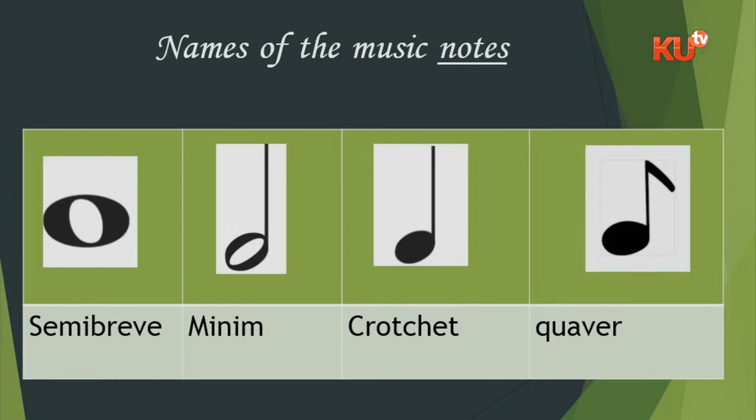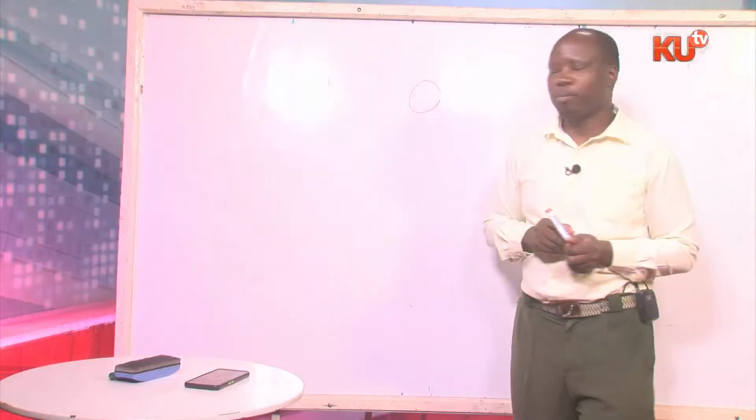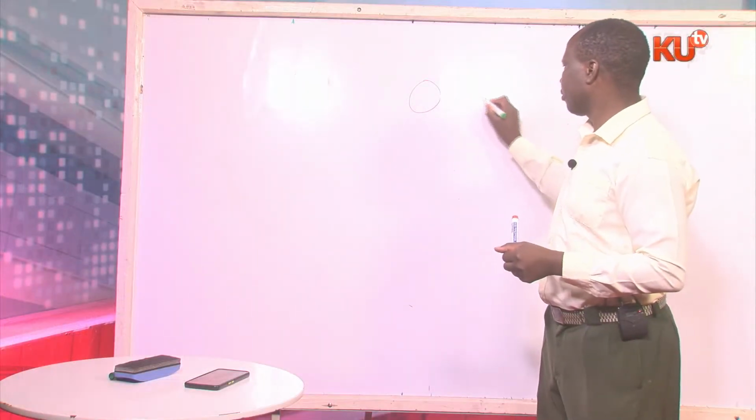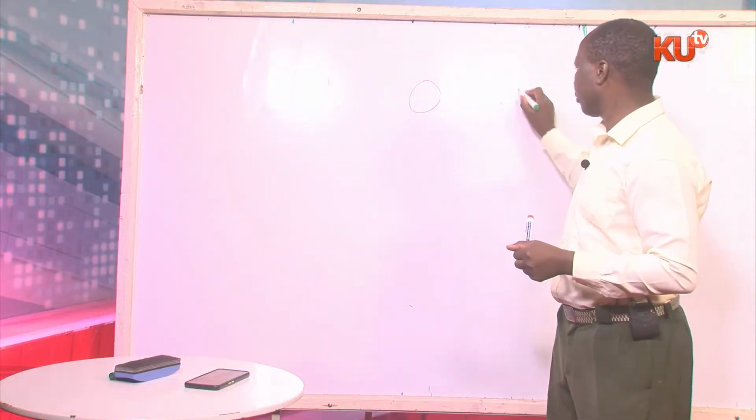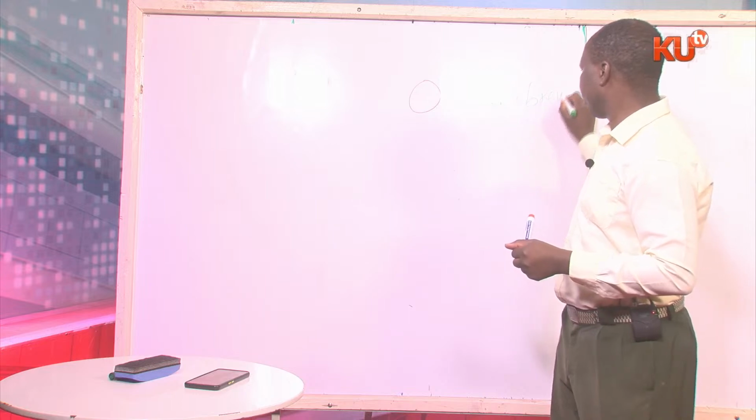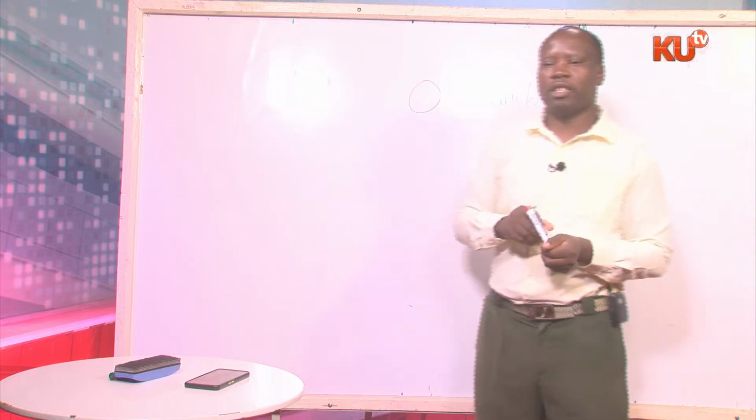So where we are there, as you can see, the first music note that looks like 0 or letter O, it is called a semi-breve. That's the first music note.